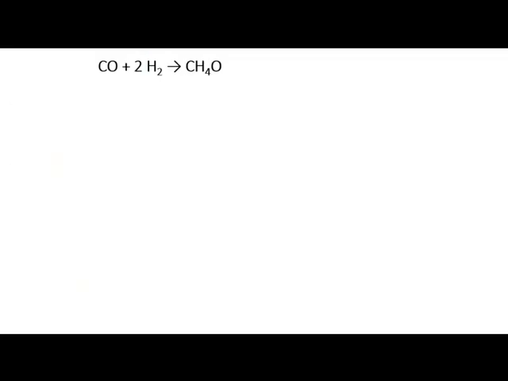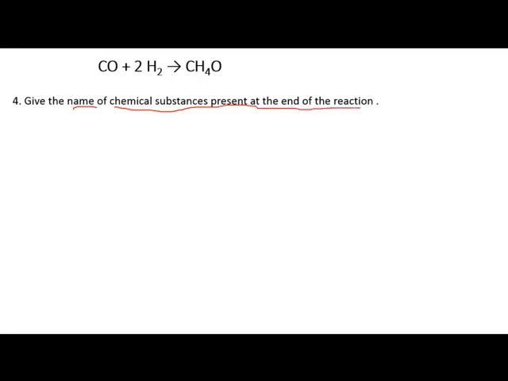We continue with the same example. Part 4. Give the names of the chemical substances present at the end of the reaction. As we know, in every reaction there is a product at the end of the reaction.